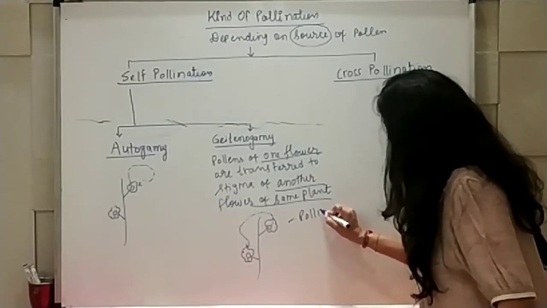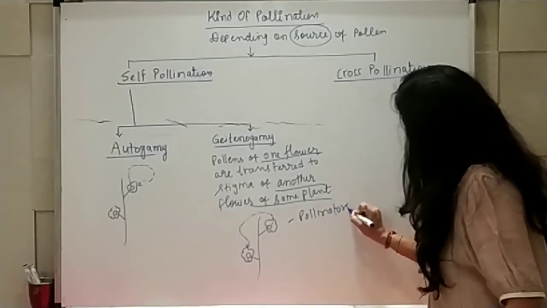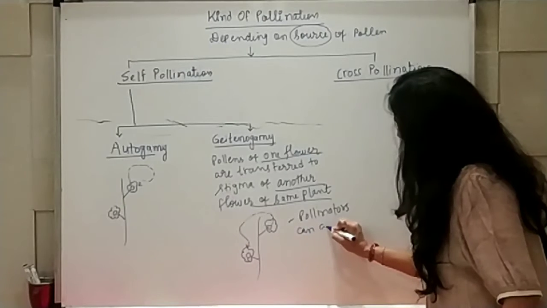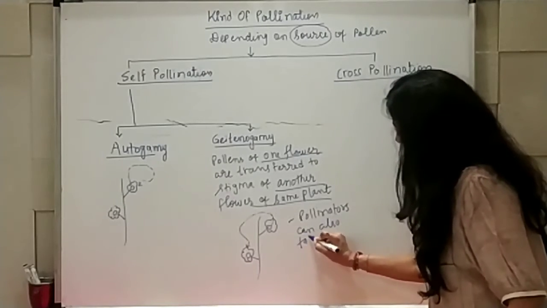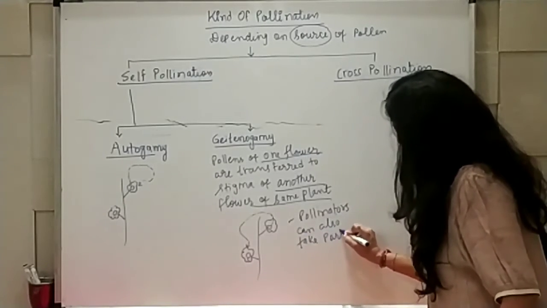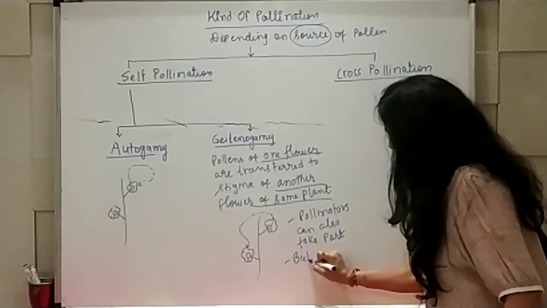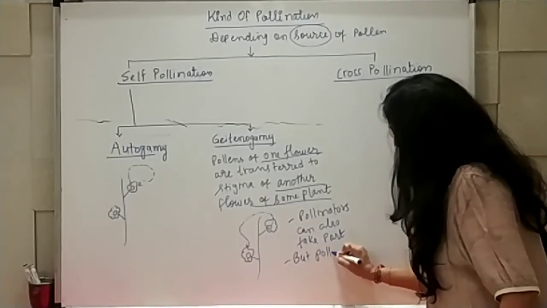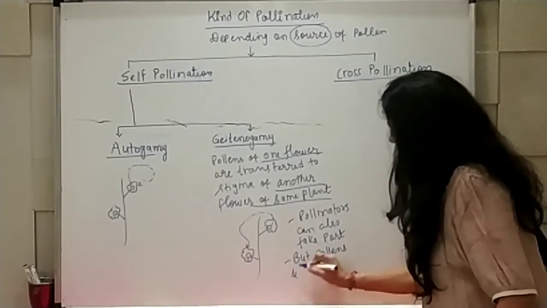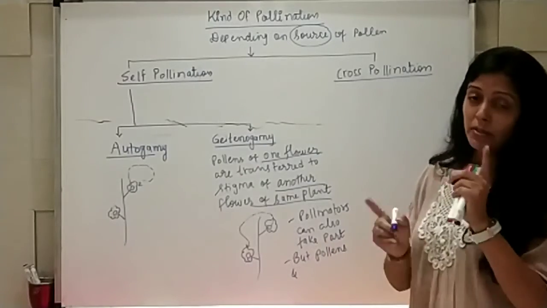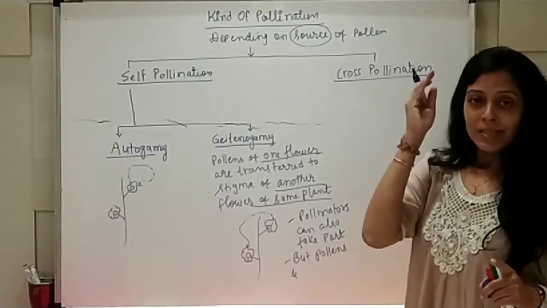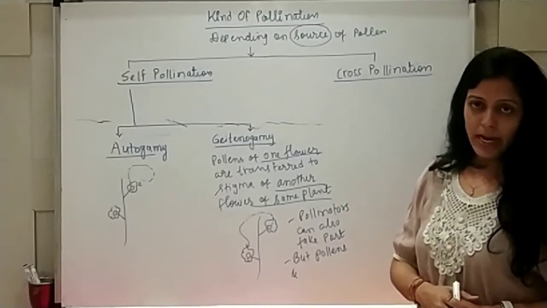So actually you can say here that pollinating agents may help in this process. So pollinators can also take part, but the pollens and stigma both are having the same genetic constitution, right?